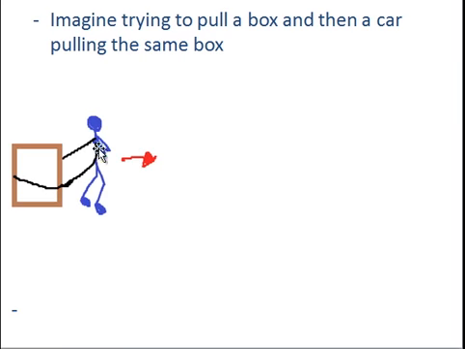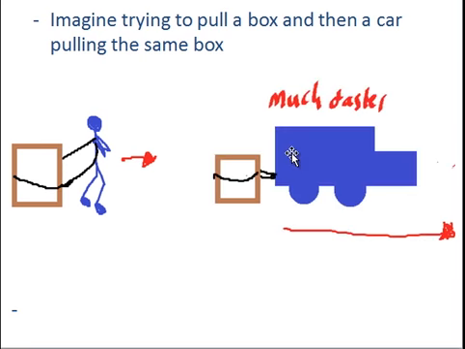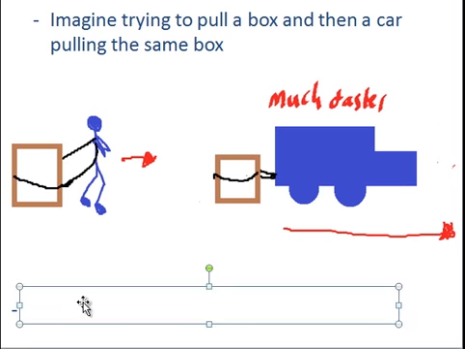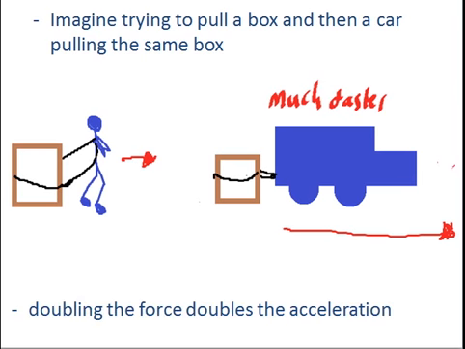You can see the man here is pulling a box at a small force, while you get a car pulling the same box and it accelerates at a much higher rate and is moving much faster. So this is how we get to the start of our equation, because doubling the force doubles the acceleration. The two are directly proportional.